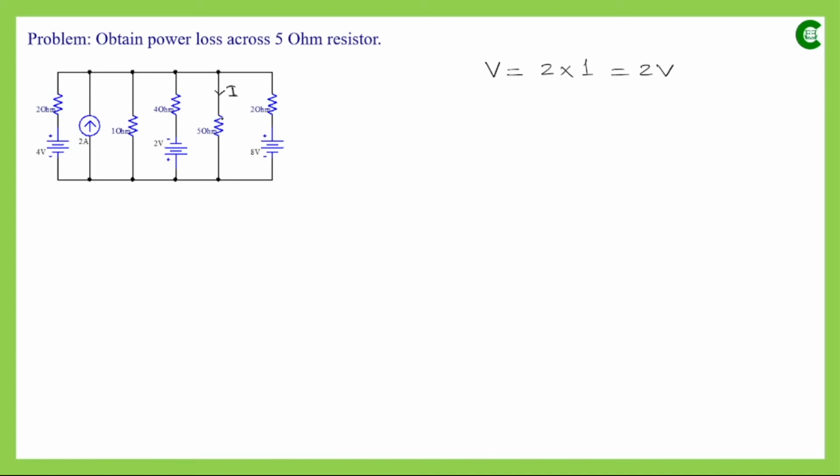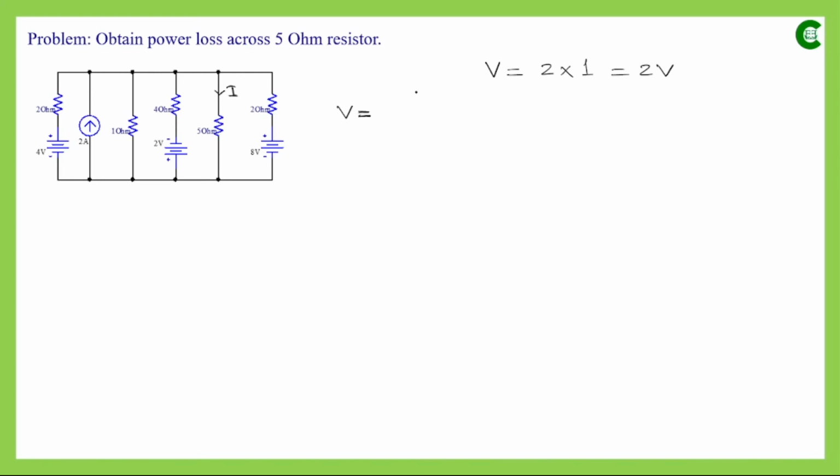So here, apart from this load resistor, we have four parallel branches, and in every branch there is a voltage source and a resistor which are connected in series with each other. Now, as per Millman's theorem, the voltage value of that equivalent voltage source will be the algebraic sum of the product of voltage value and its corresponding conductance.